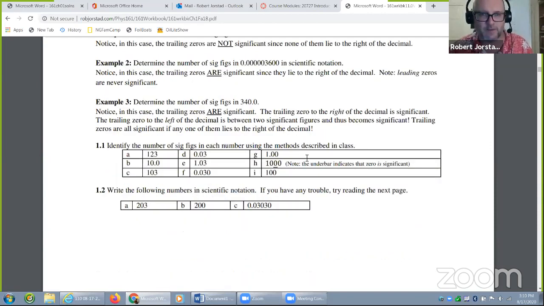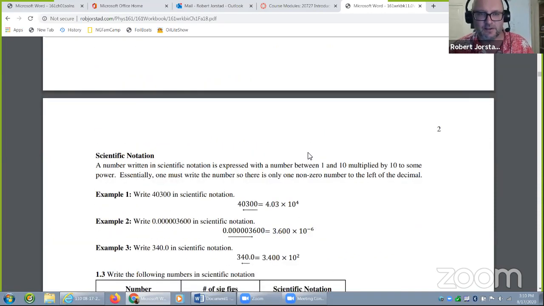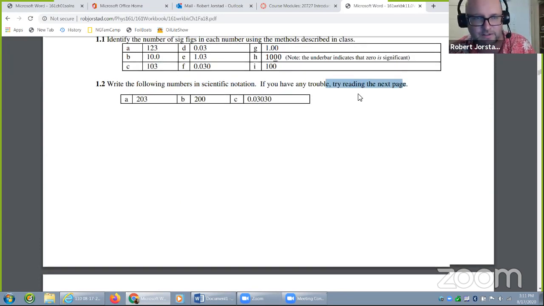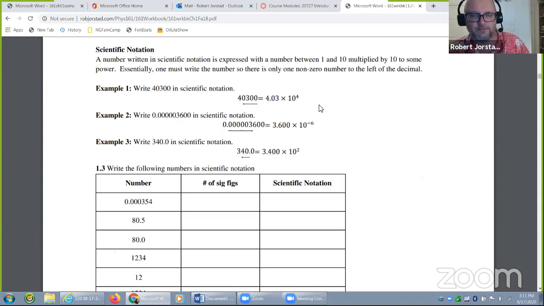All right. I'm going to go ahead and ask you to pay attention to me now. And again, if you already know all this stuff, you can quickly realize it and just go back to working. All right. So I want to talk about scientific notation. So one of these questions, you notice I say, write these in scientific notation. It says, if you have trouble, try reading the next page. So I'm going to kind of go into this a little bit.